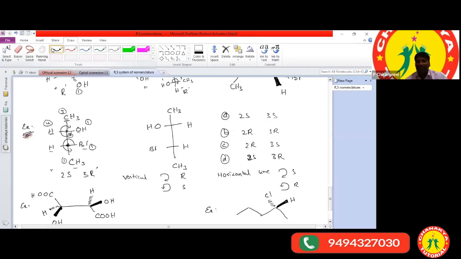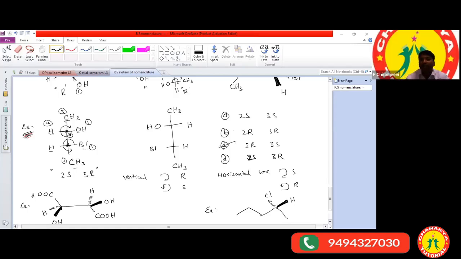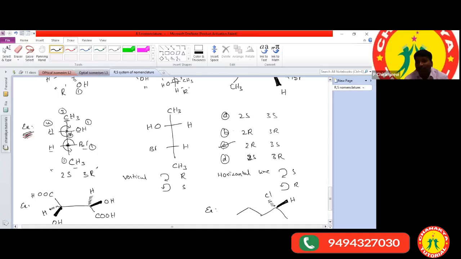Sir, is it option C? 2R, 3S? Okay, Anjan's answer is C. Then what about it? Wait, sir. Okay. Take your time. Aditi, what about your answer? Sirisha?